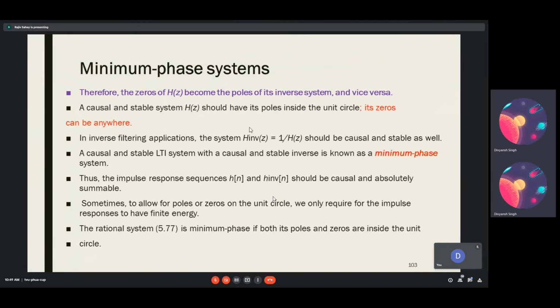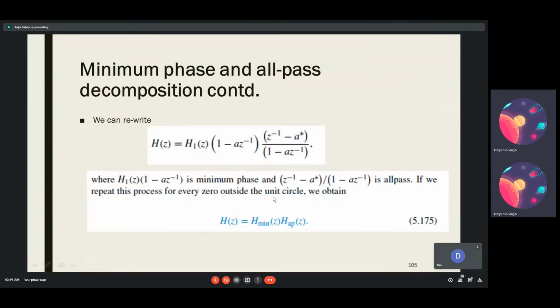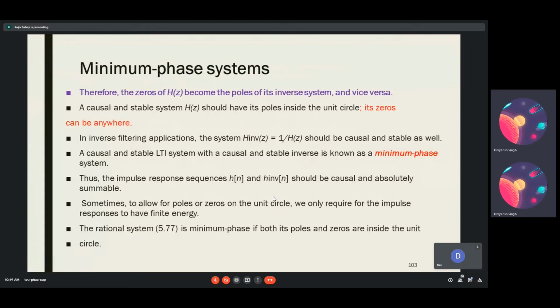For example, I'll give you an idea of an inverse filter. If you think of a camera as a system, I had told you that a camera can at best be thought of as an LTI system, or a linear shift invariant system.